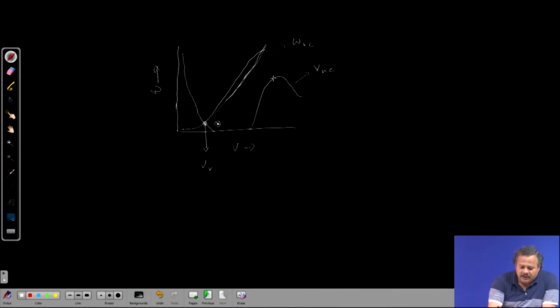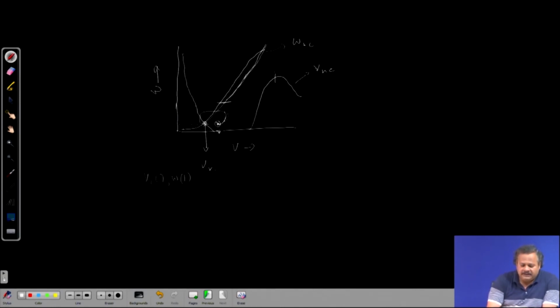Trajectories must cross vertically here and horizontally all along the W nullcline. So, if you simulate it, you will see that the trajectory goes up, crosses it horizontally, then comes down vertically and ends up here. This is the relationship of Vt and Wt, starting the system at this particular voltage.